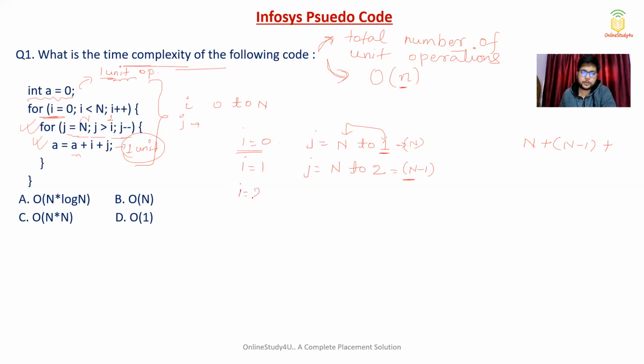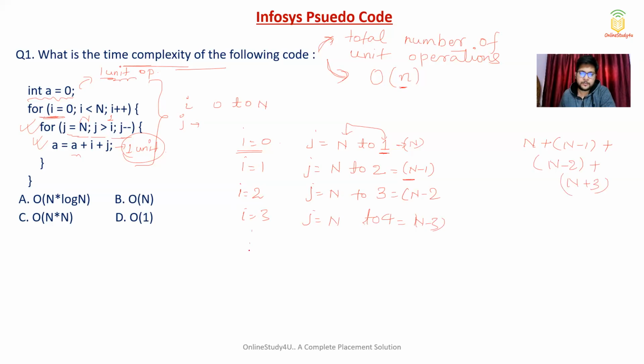If I is equal to 2, j runs from n to 3, that is n minus 2 unit operations. We'll add it here again. For I equal to 3, j runs from n to 4, that is n minus 3 unit operations. We'll add it again, and here's a pattern.